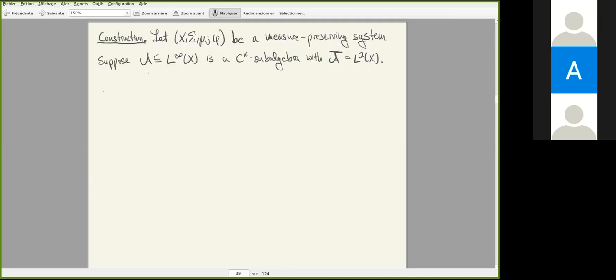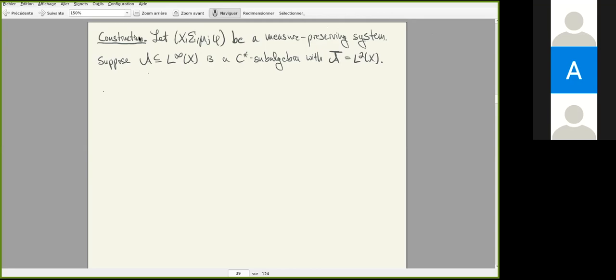Okay. So now topological models. How do you go about finding a topological model? If you have just a measure preserving system, where do you get a compact space from? Well, let's say we have such a measure preserving system. And suppose we have some C star subalgebra A of L infinity of X, which is dense in L2.